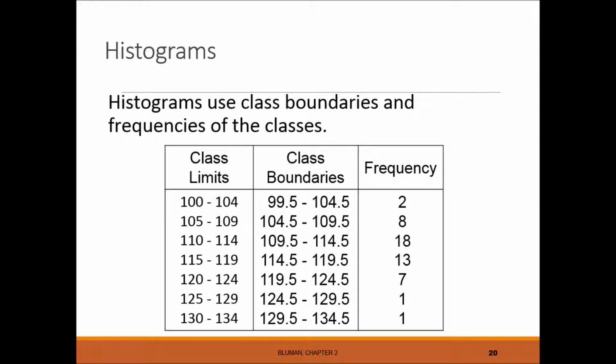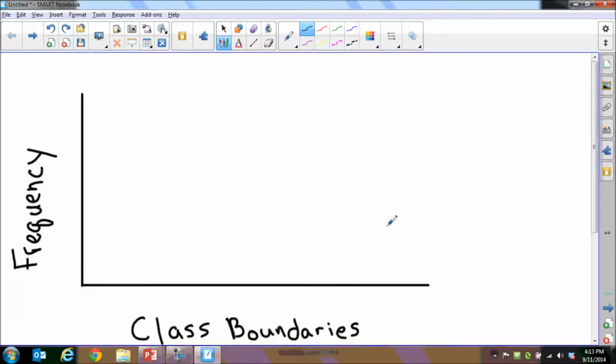And then it goes up by 5. And we will need 1, 2, 3, 4, 5, 6, 7 classes. The other thing is, not only do you start at your low, your last one should be your highest class boundary. So let me explain that.